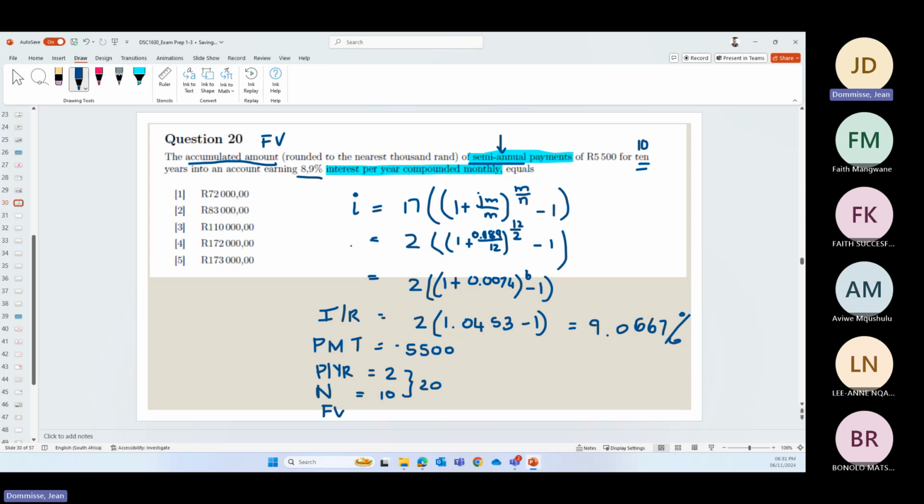We've got the payments every 6 months, which is 5500. Then we've got it twice a year because it is semi-annually for 10 years, which gives us 20 periods. And then we can say future value. And hopefully I get it right.